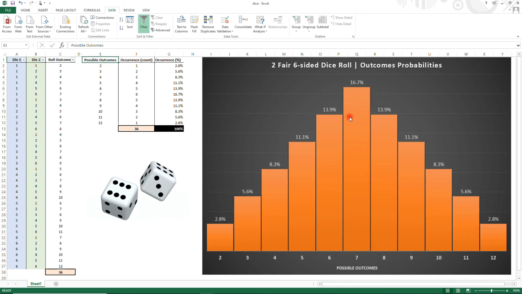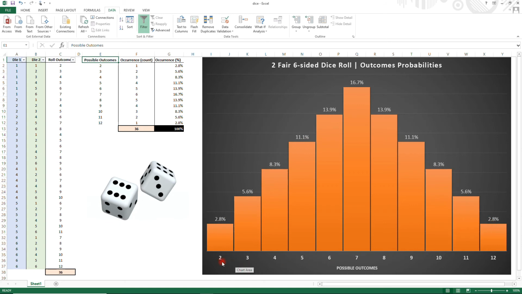And then the other outcomes, as you can see on the left side of 7, as well as on the right side of 7, they beautifully and symmetrically go down at the same rate, perfectly at the same rate.